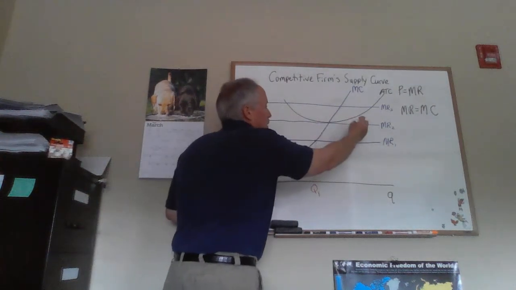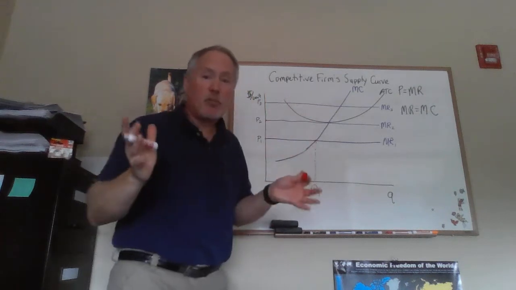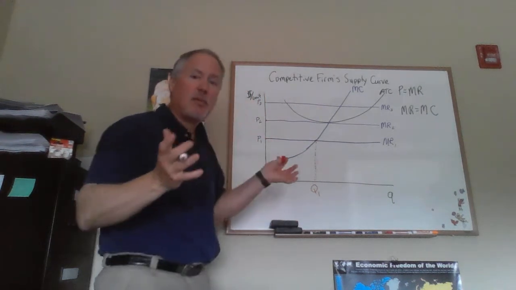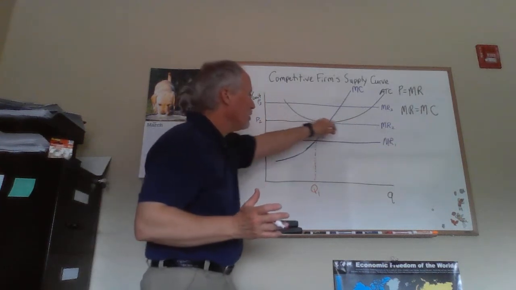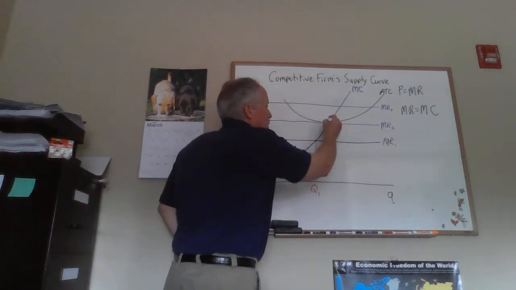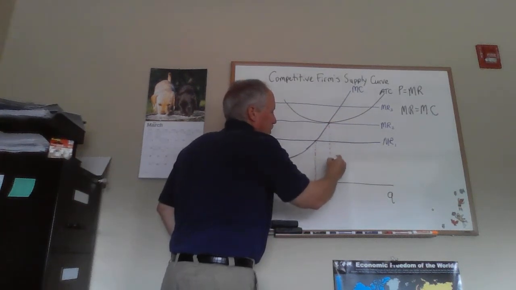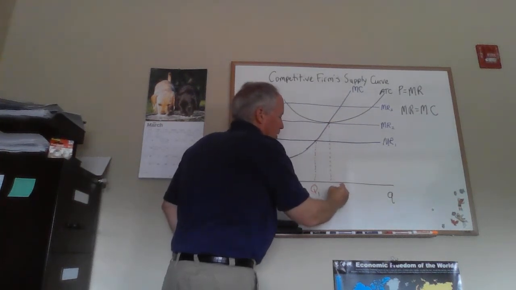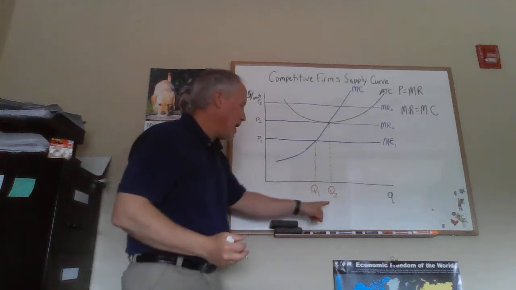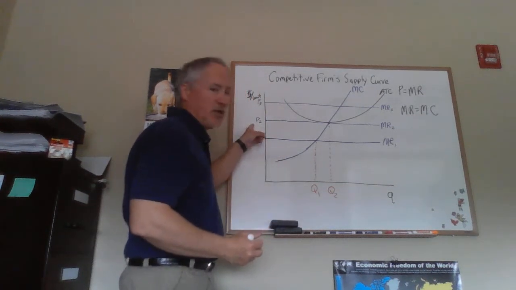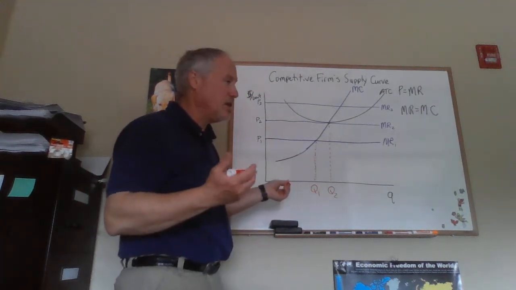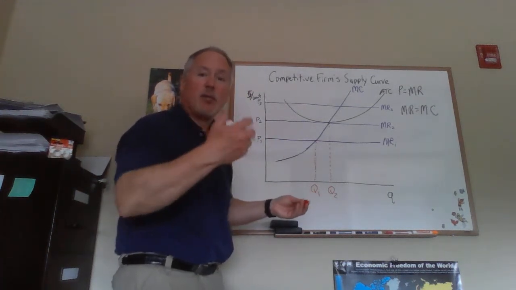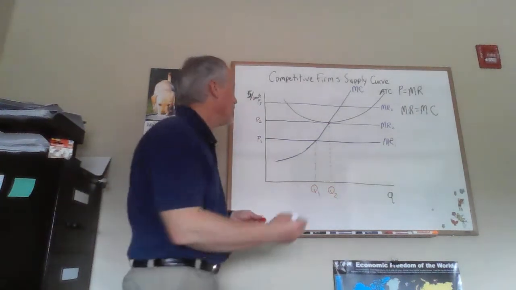We find the intersection of MR2 and the marginal cost curve, which occurs here, and that would be Q2. That would be the quantity that would maximize profit if this firm faced a price of P2, and so the quantity the firm would want to supply.